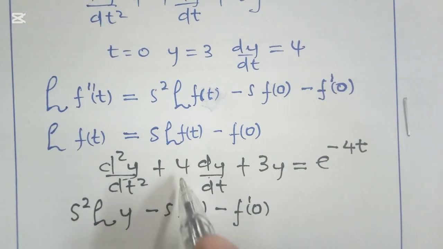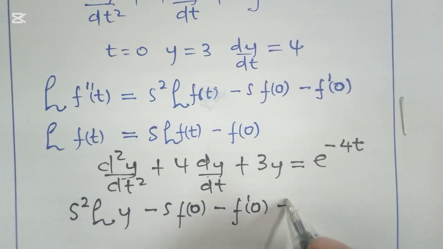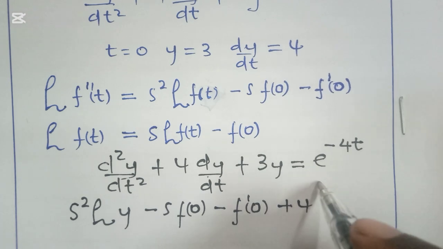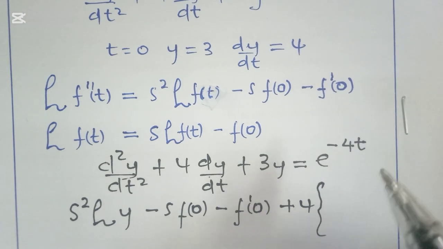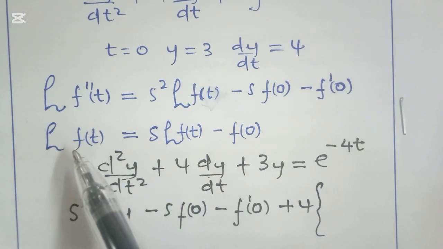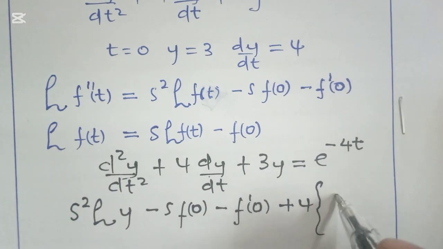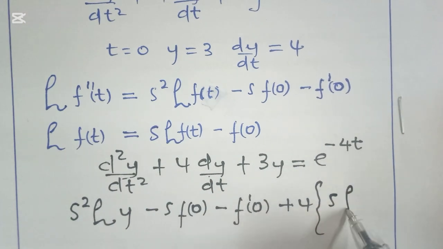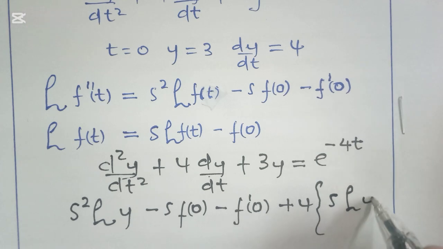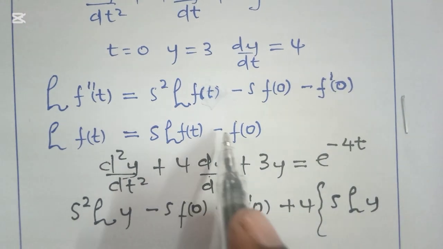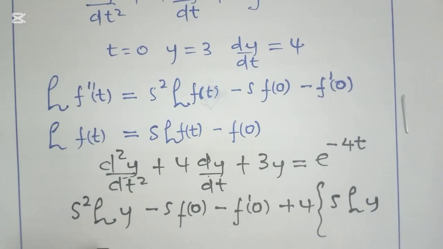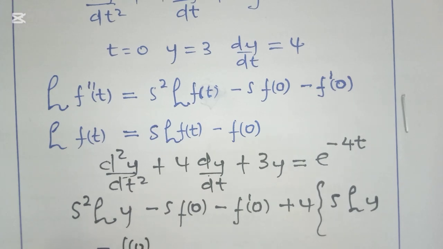Now plus, we can write plus 4, we can put a bracket there. For the first derivative, the Laplace transform of the first derivative is s times the Laplace transform of y, minus f(0), like that.